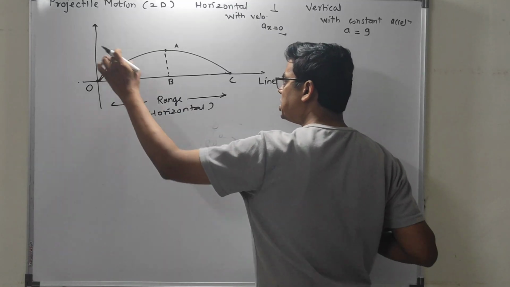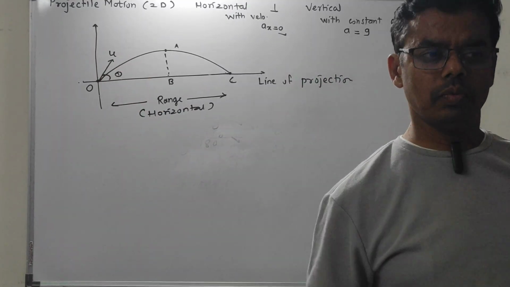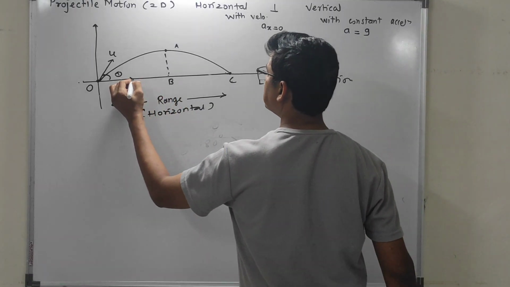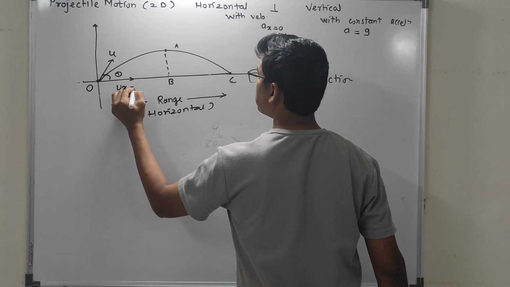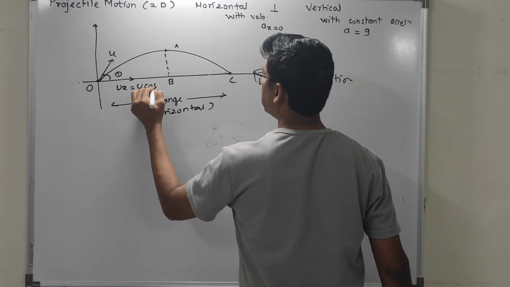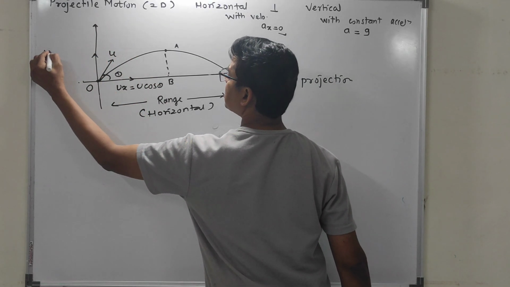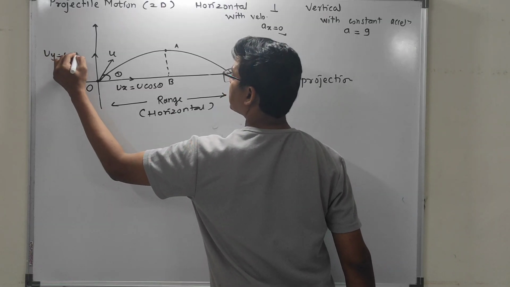Now, let us resolve this component U. We will resolve this initial velocity of projection into two directions. One is the horizontal direction, that is U cos theta, which we will call Ux, and the component of initial velocity of projection along the vertical direction, that is Uy, is equal to U sin theta.